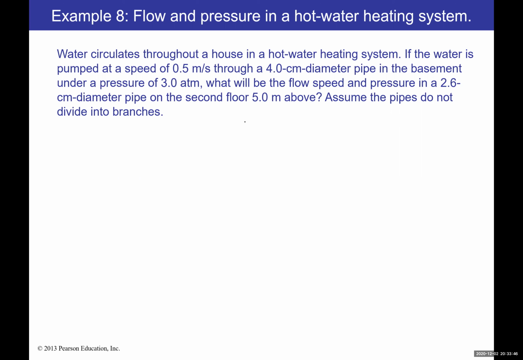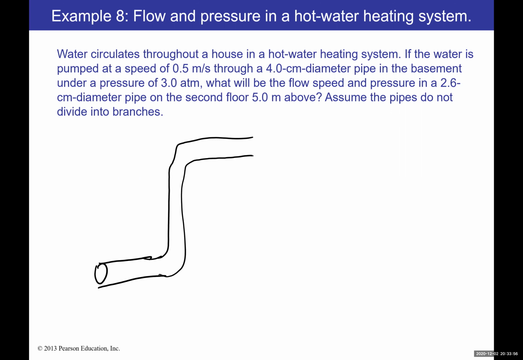You can think of here's the basement, and then this goes to the second floor. We're going to take the basement to be point 1, so this is y1. We're told that it is moving at 0.5 meters per second, so speed 1 equals 0.5 meters per second.